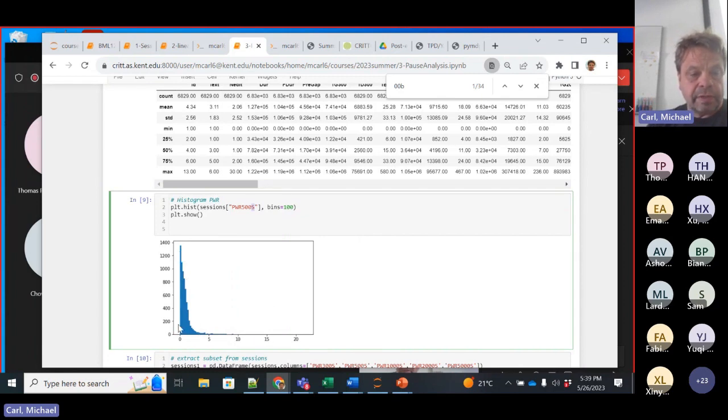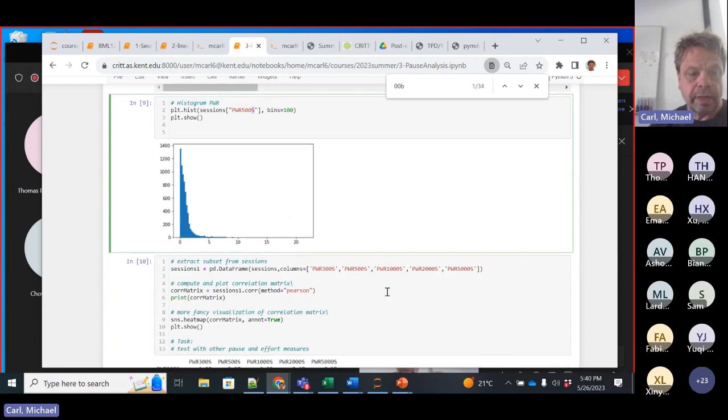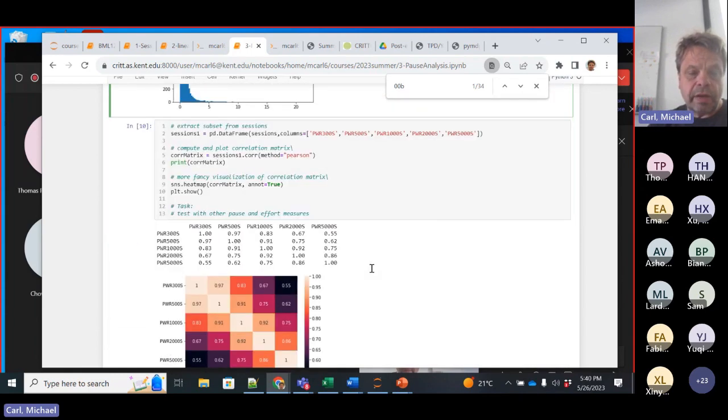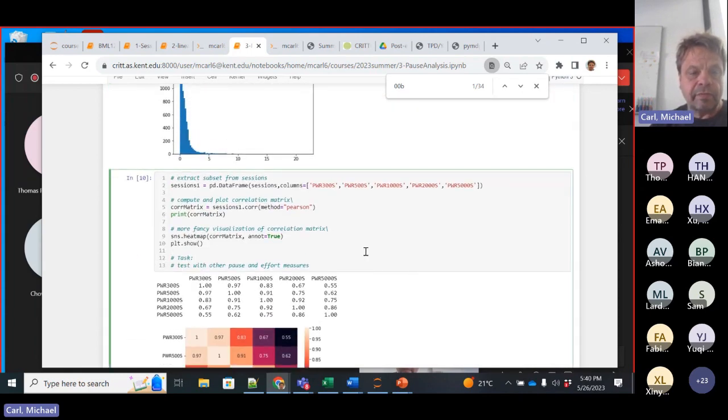Most of the sentences will have a value around here. So more than 1,300 segments will have this value here. And then it has a very long tail, even that you cannot see here below.